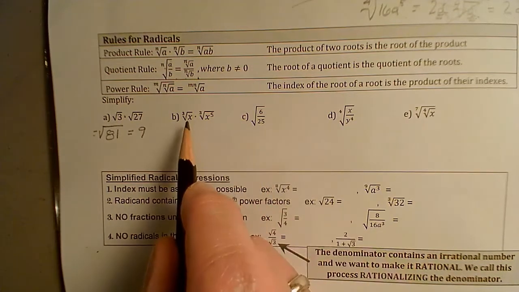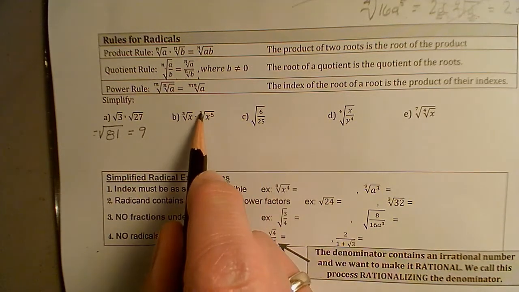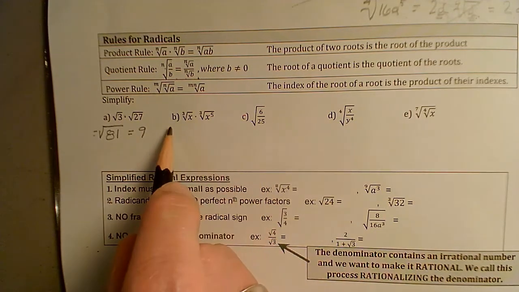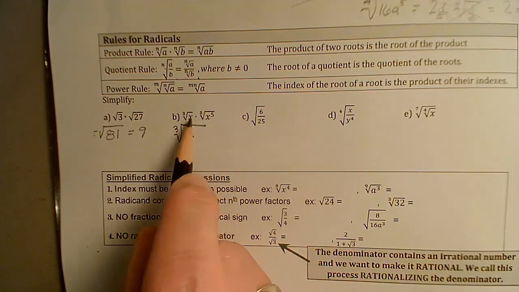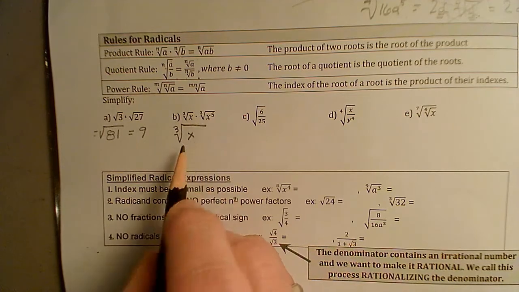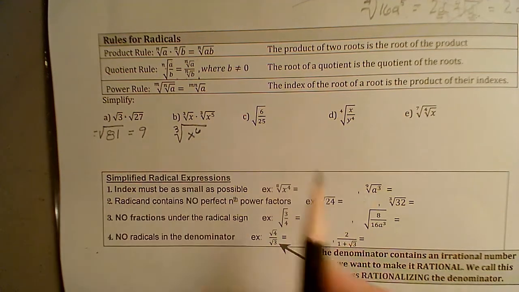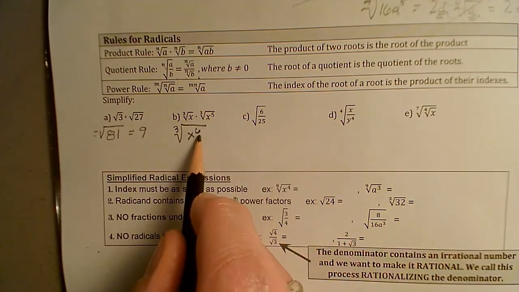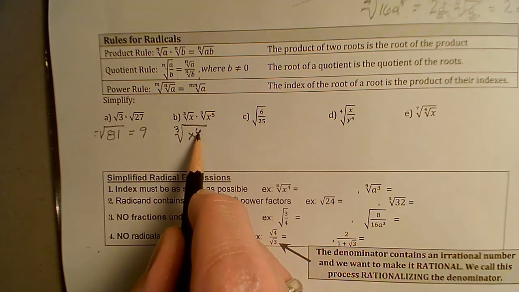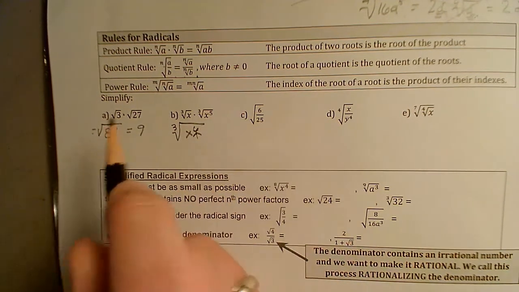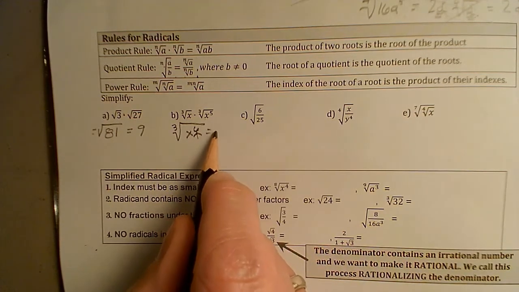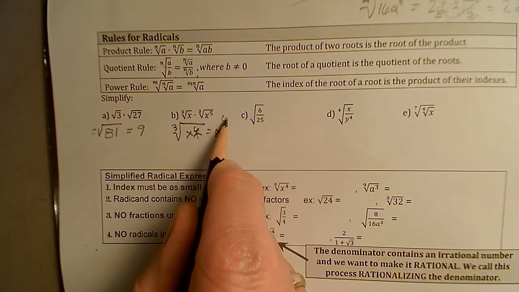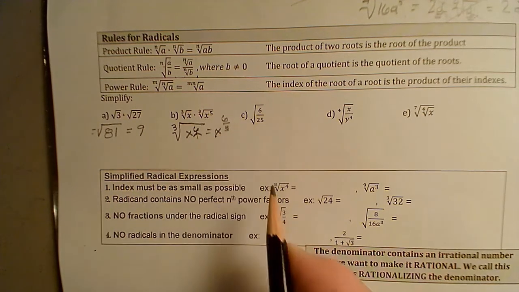Okay, here we can multiply. The indices are the same. So this will be the cube root of x, and remember, when we multiply bases, we add exponents. So that would be to the 6th. But we want to simplify that. Basically, if this number here is bigger than the index, then we can pull stuff out. So it's helpful to think of that as x to the 6 over 3.